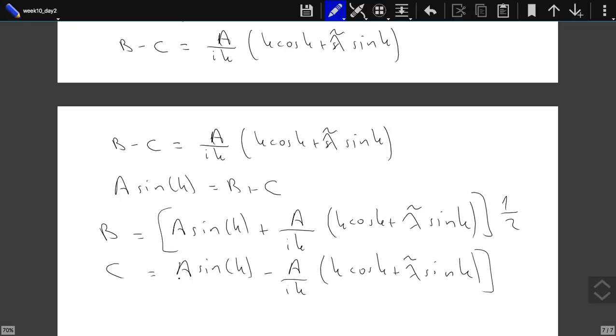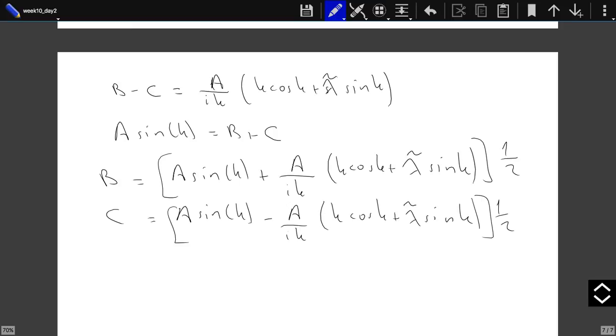And again, we can just choose a to be 1, I mean, it's just normalization.